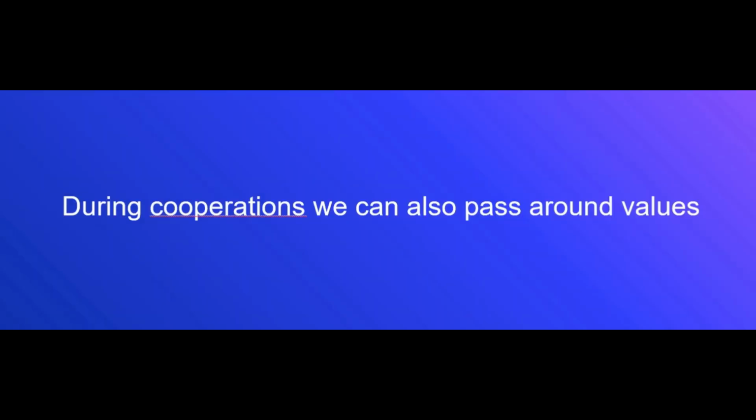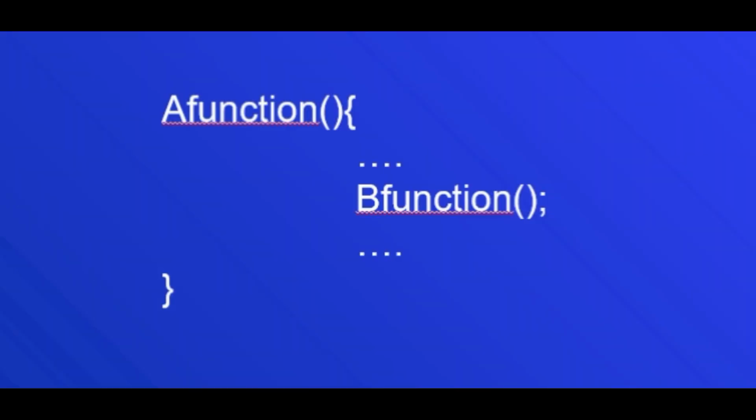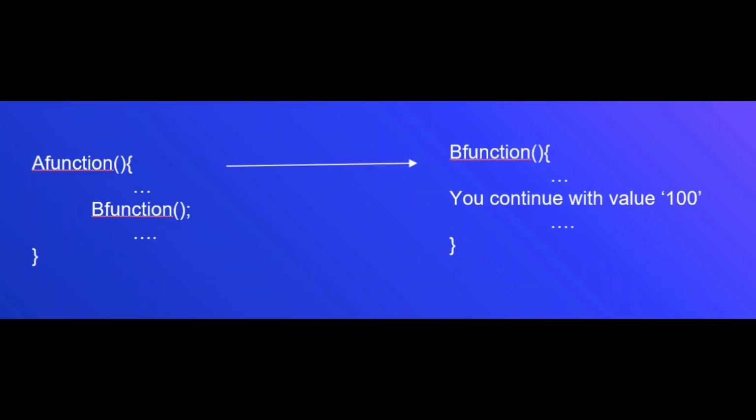Moreover, if you find this useful, there are even better options with cooperation. We can also pass around values. For example, if A function is calling B function, the control is transferred to B function, which does something and says, "You can continue with value 100."